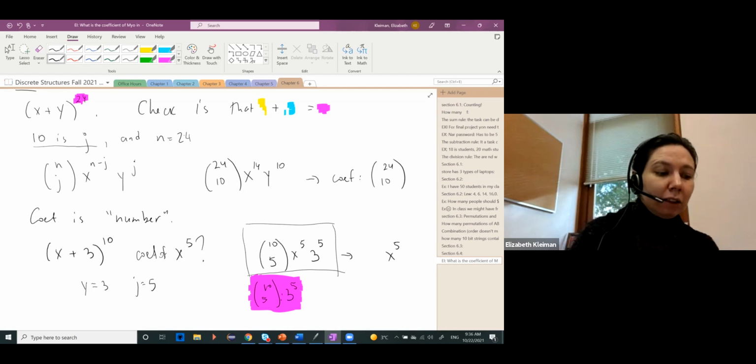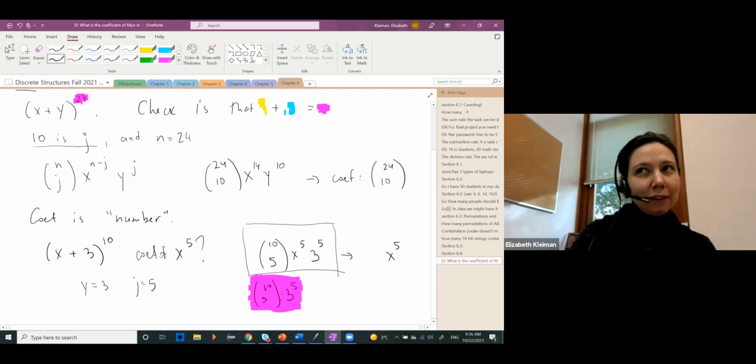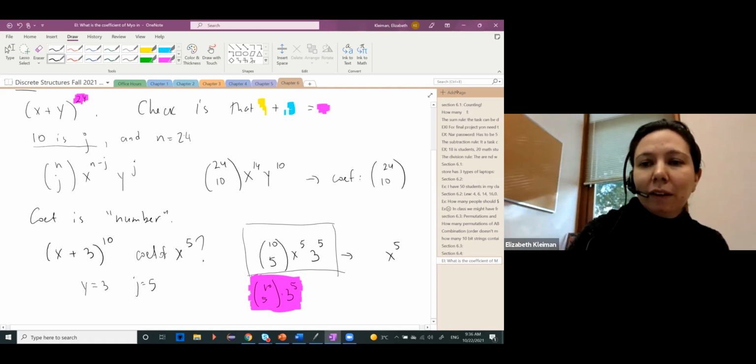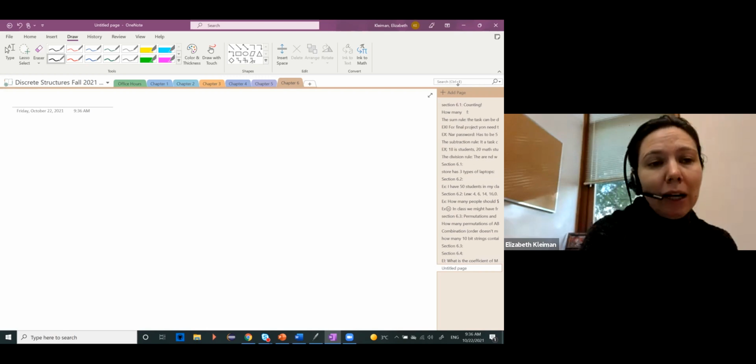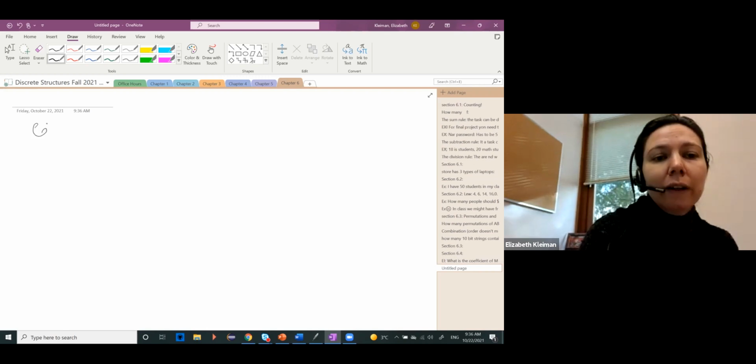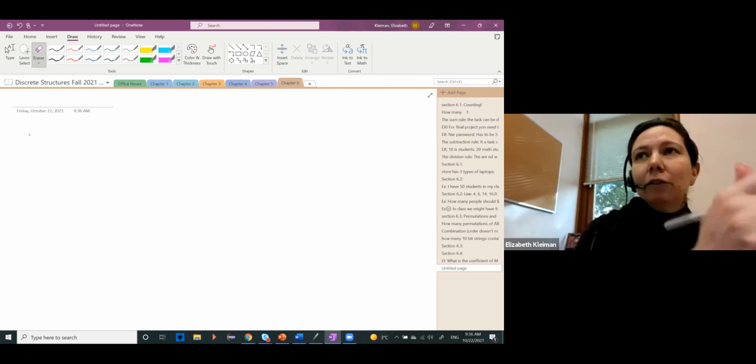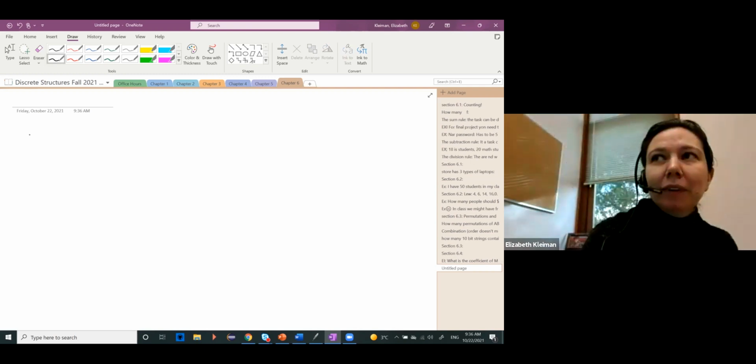And now let's talk about some corollaries. A corollary is something you can get as a result from a theorem pretty easily.